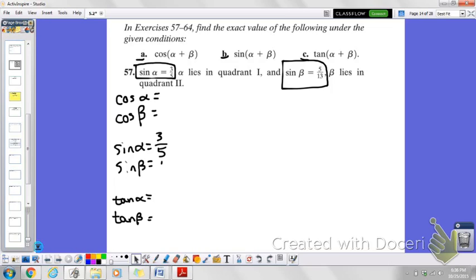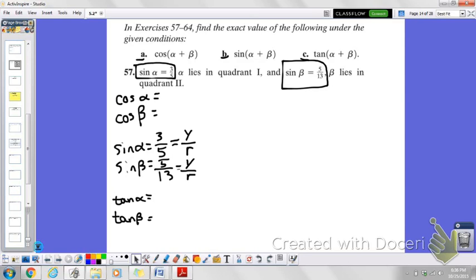Now remember from the last chapter that these give us the y and the r values for alpha and beta. And we'll have to use those to find our cosine and tangent. So really, all we need to find is the x value for each of those. And we're going to do that using the Pythagorean theorem.